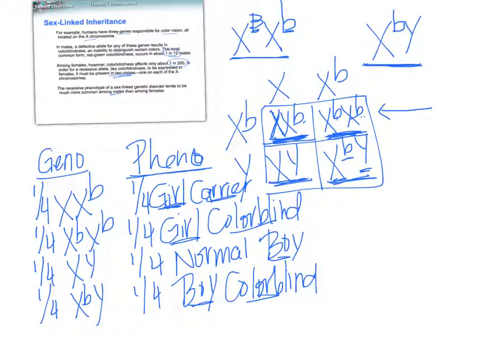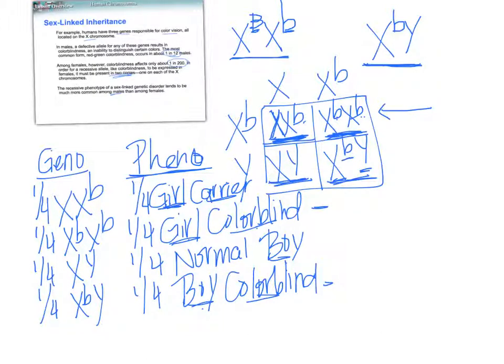If they just want to know the chance of a kid being colorblind, there's a 50% chance that whatever kid they have will be colorblind. But you cannot go wrong if you write girls and boys, and then on top of that, go through and explain whether they have the disorder or not.